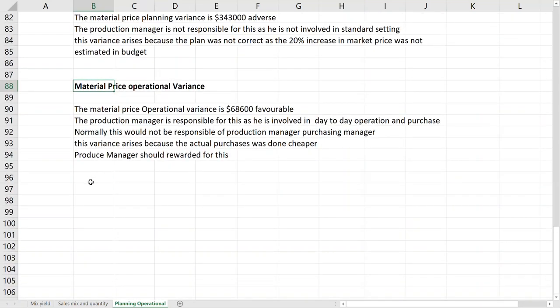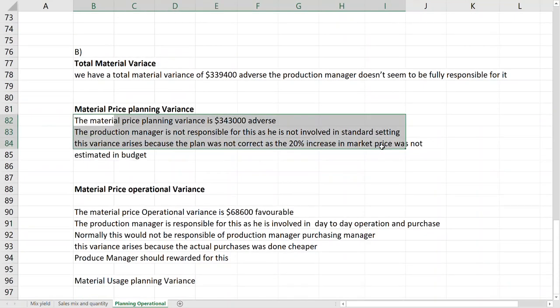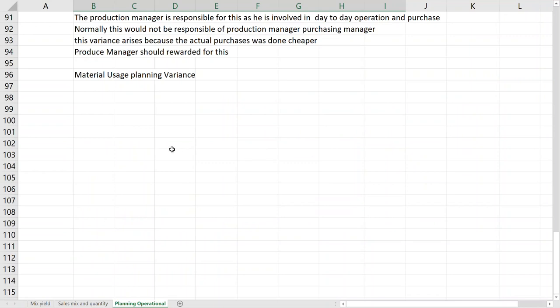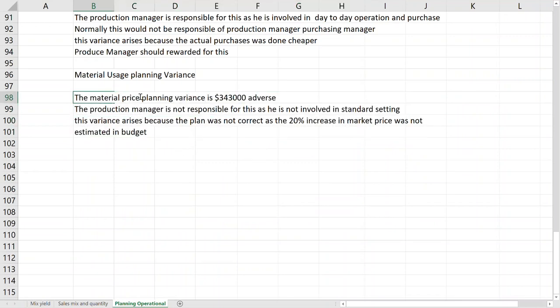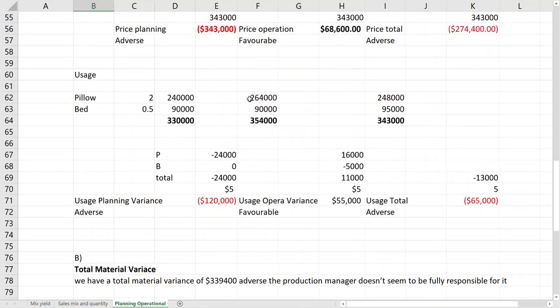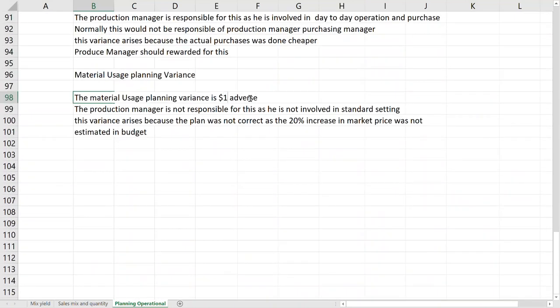Then we have material usage planning variance. See, I'm changing a few things. 120,000 adverse. The production manager is not responsible for this, as he's not involved in standard setting.